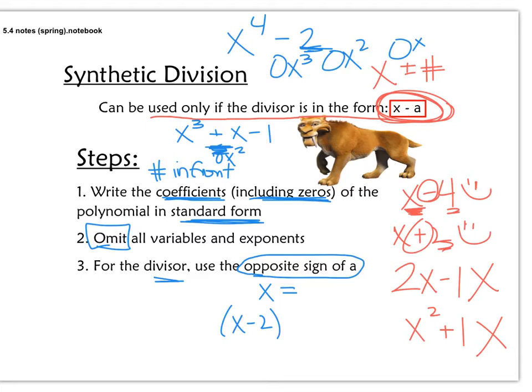We solve these in our head all the time. If you set that equal to 0, x equals positive 2. So if you had x plus 4, what does x equal? Well, x would equal negative 4. So that's where it says the opposite sign. It's like you went ahead and set it equal to 0 and solved it. That's what you're dividing by.